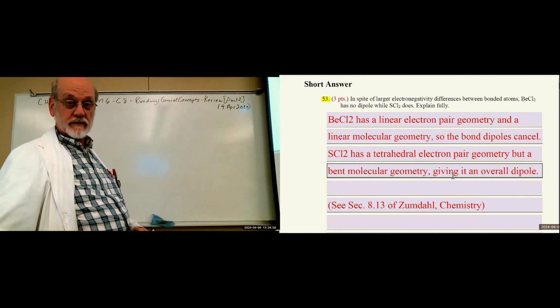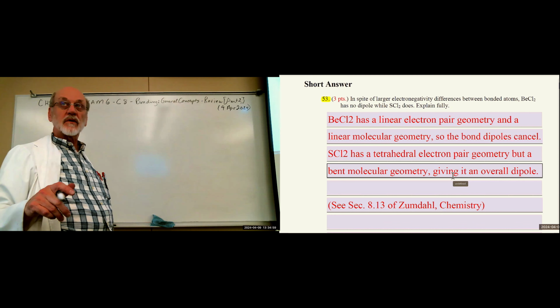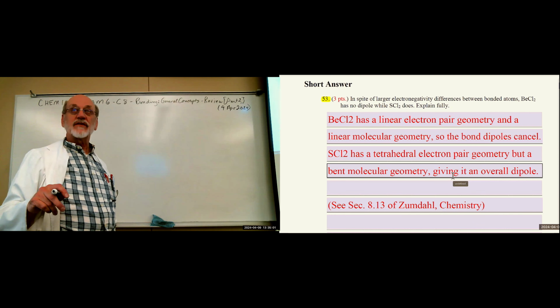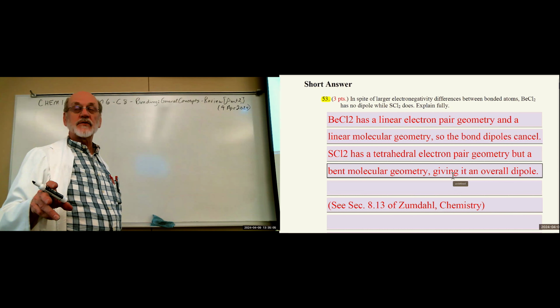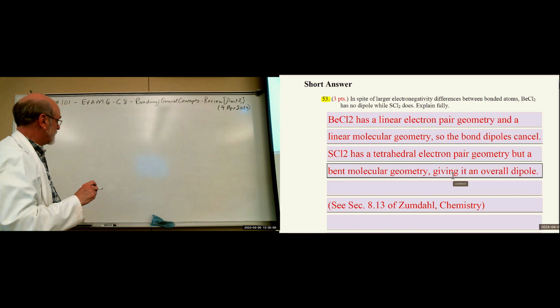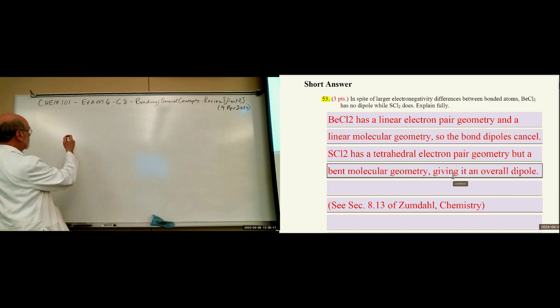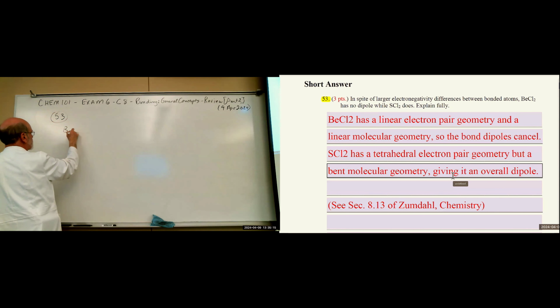Oh, okay, 53. In spite of the large electronegativity differences between the bonded atoms, beryllium chloride has no dipole while sulfur dichloride does. All right. So this is 53. We got to compare these two.